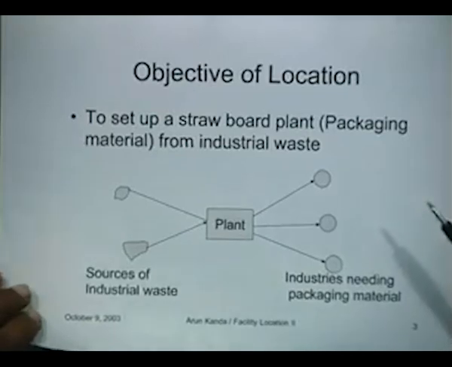Now, what was actually done was that in order to conduct this study systematically, interviews were carried out with the plant managers and with various other people in the organization to identify what were the various factors that they considered important for this particular decision.